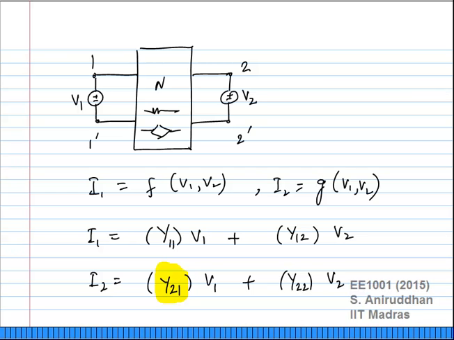We will soon see that. So if you say there is a term Y21, this represents the effect, this represents the cause. Any questions so far?